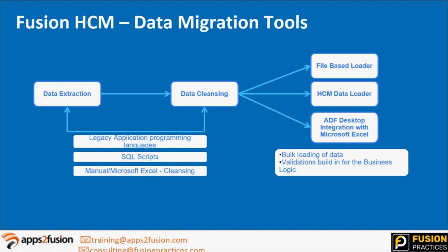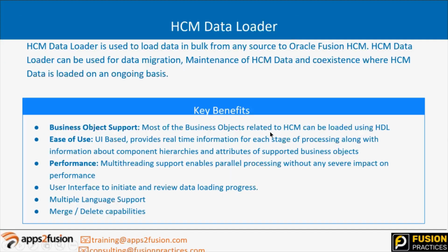Using that, we'll extract the data, do some cleansing, and do some manipulation of the data so that it is accepted in Fusion. So these are the three options available in Fusion. Let's start with HCM Data Loader, the inbound option available within Fusion. This loader option can be used for bulk data loading and also for maintaining the data inside Fusion.